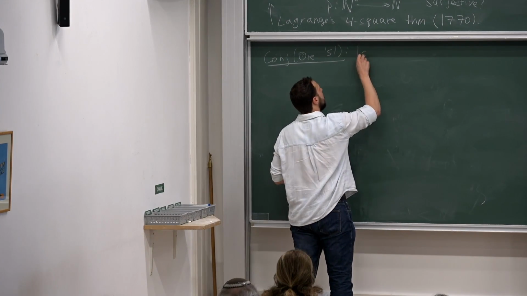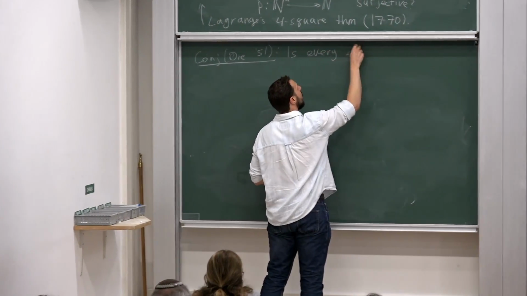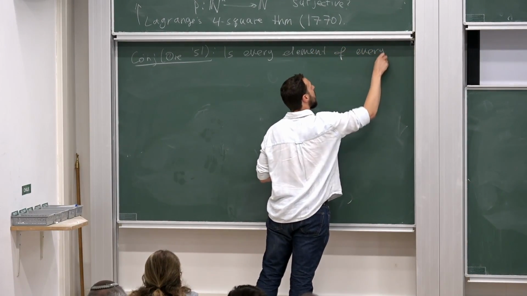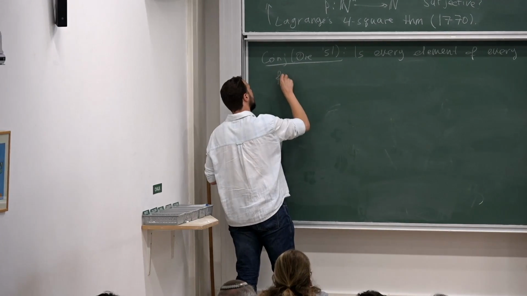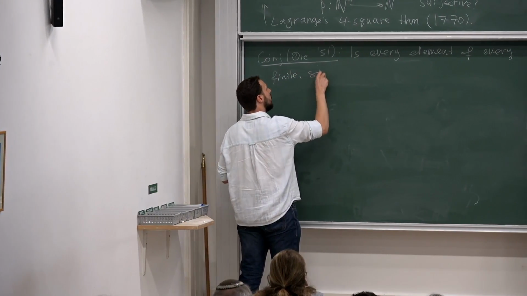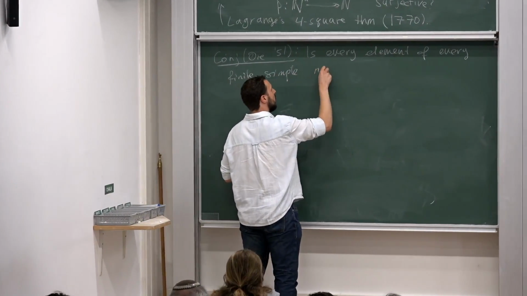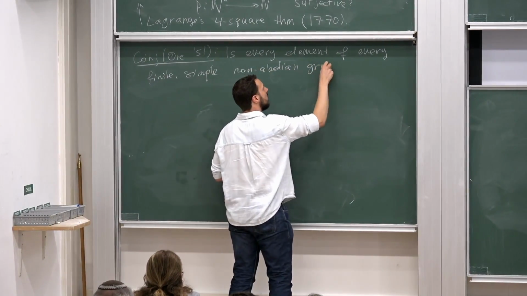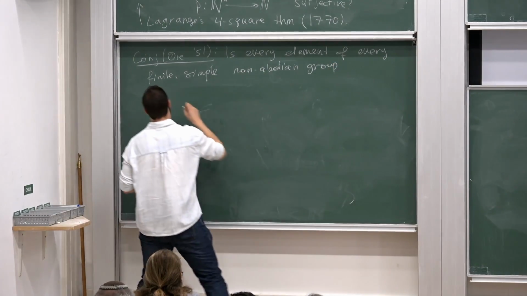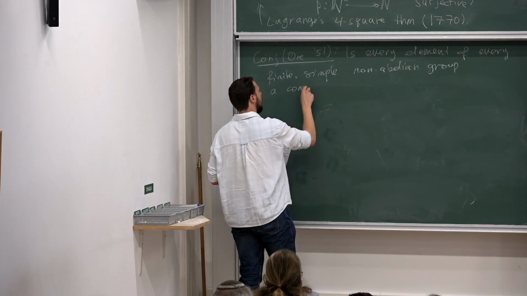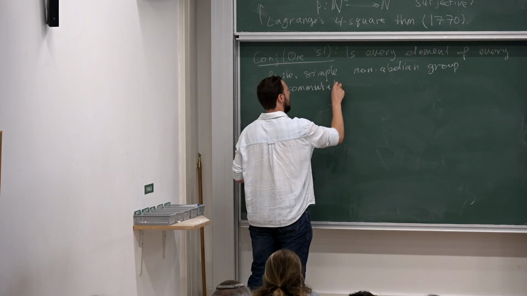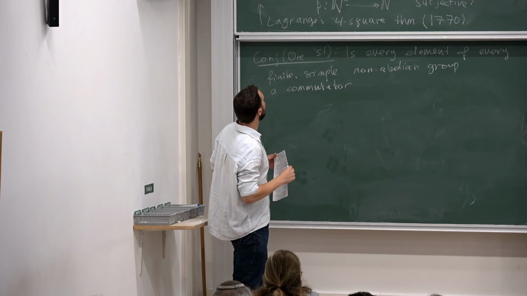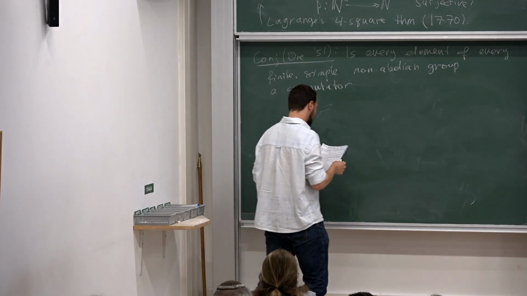He asked the following thing: is every element of every finite simple non-abelian group a commutator? And again, to make this a bit more similar to the phrasing of Diophantus's problem, we can ask the following.